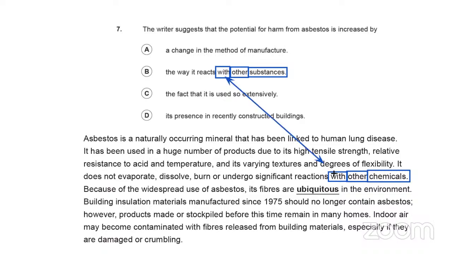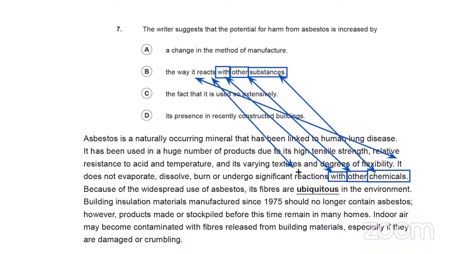So with is with, other is other, and he used the synonym: substances as chemicals. So you thought this is the right answer, correct? Yes, sir. And also it reacts, reaction. All the words are there, you thought, correct?